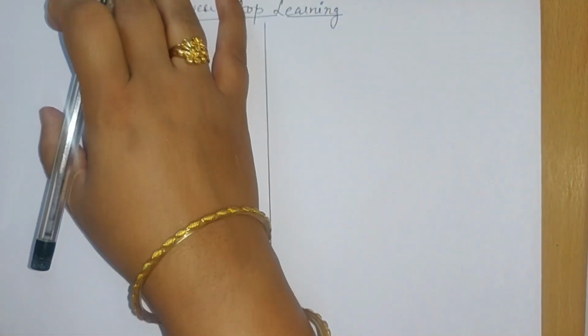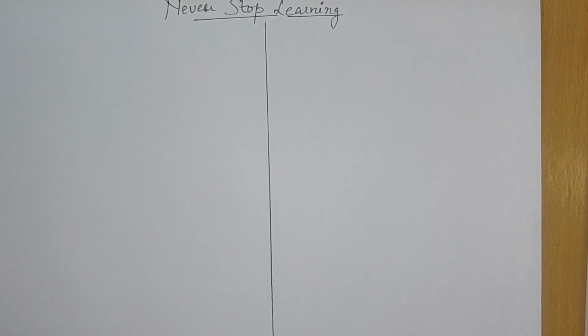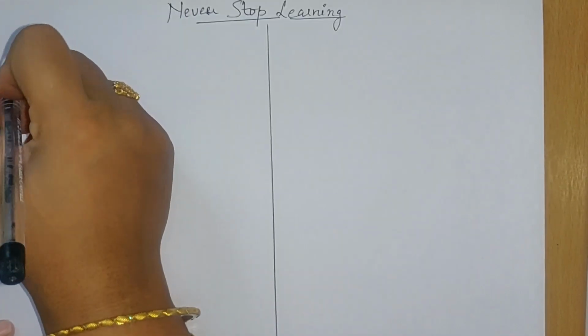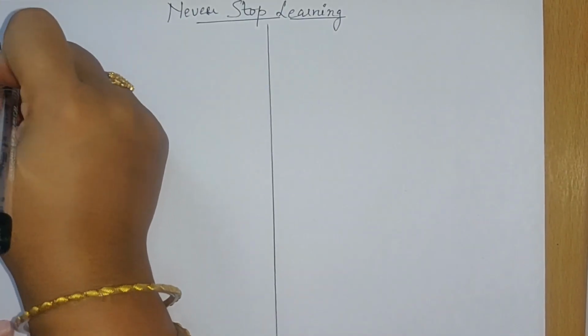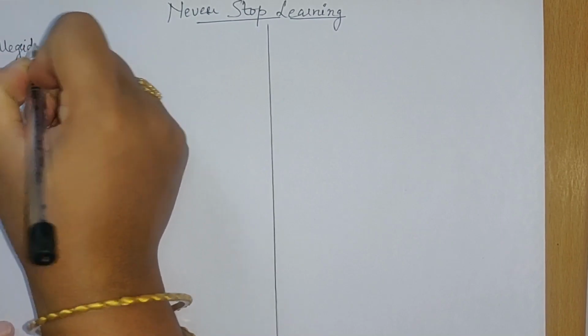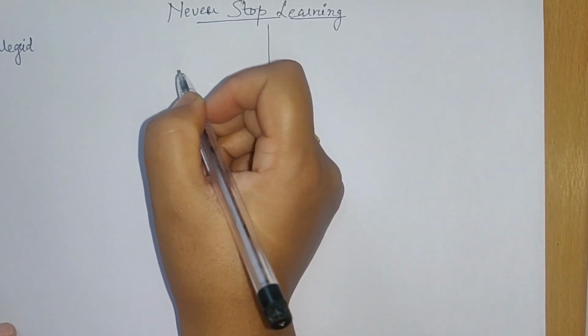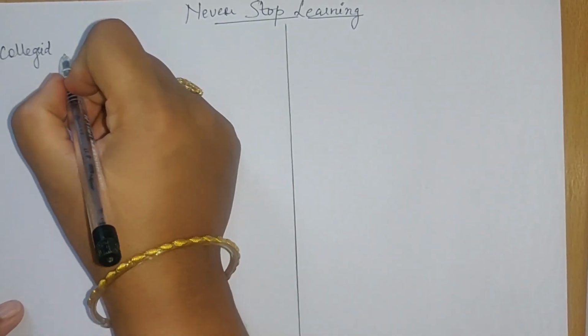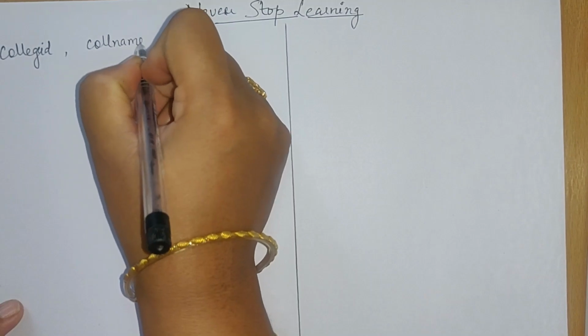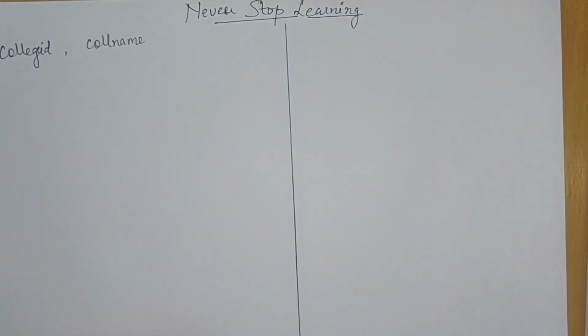Fine. Now, consider an example where you are having two columns in a table. For example, we are having college ID and another I am having college name. So college ID and college name, these two columns I am having in my table.